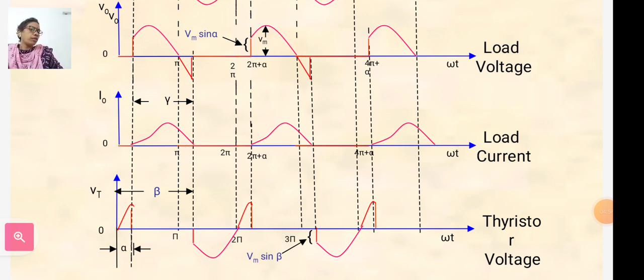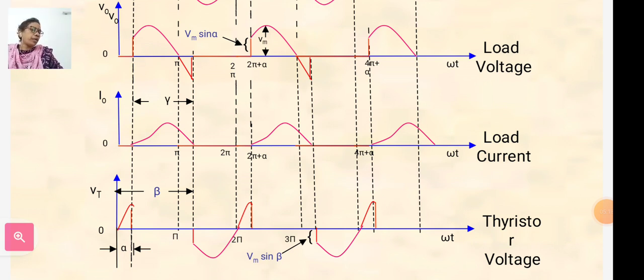After omega t equal to pi, the thyristor is subjected to reverse anode voltage, but it will not be turned off as the load current I0 is not less than the holding current.